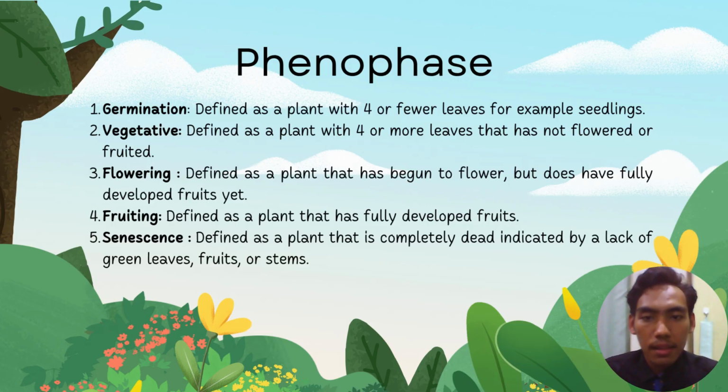And the last stage is senescence. This is the final stage, defined as a plant that is completely dead, indicated by lack of green leaves, fruits, or stems. These stages help farmers identify what action to take at each point in the plant's development.